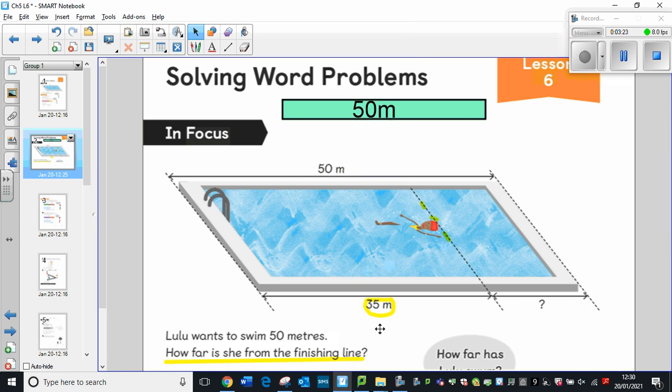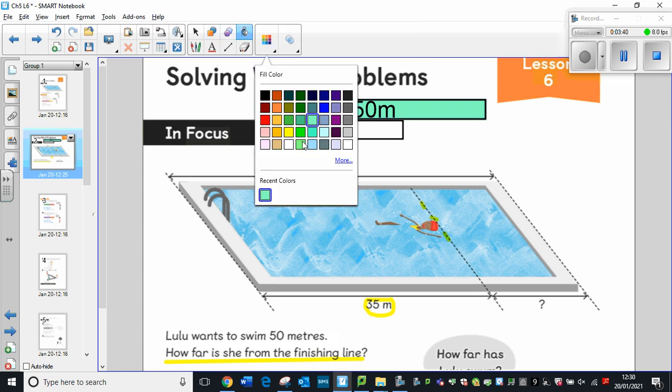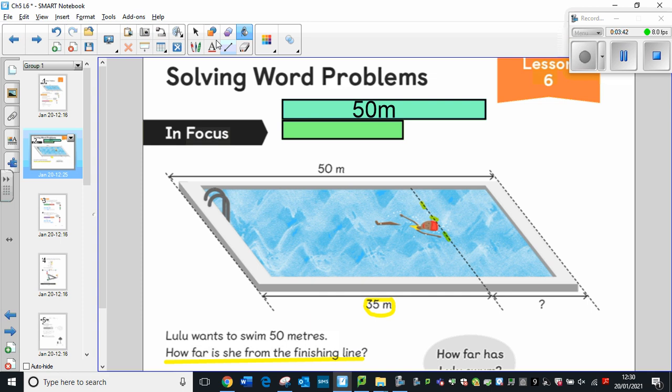Now we know she swam 35 metres, so what I'll do now is I'm going to draw another bar that represents the 35 metres she has swum. So I know that bar represents the 35 metres that she has swum.